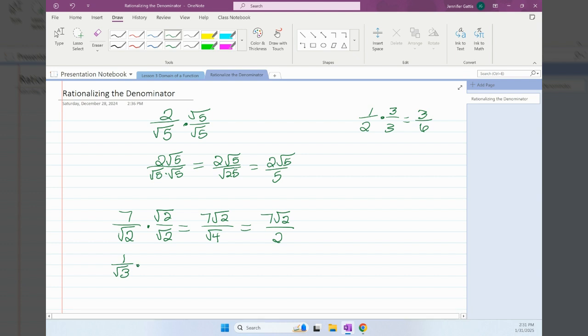So we're going to multiply top and bottom by the square root of 3, which is going to give us the square root of 3 over the square root of 9, which is equal to the square root of 3 over 3. I hope this helps in understanding how to rationalize a denominator.